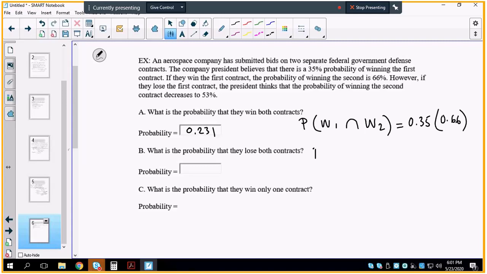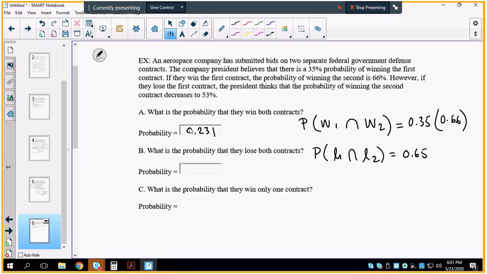What is the probability that they lose both contracts? So the probability of losing the first one and losing the second one. If they have a 35% probability of winning the first one, then their probability of losing the first one should be 65%. But in that situation, what is the probability of losing the second one? First, the probability of losing the first one is 65%, so 0.65.